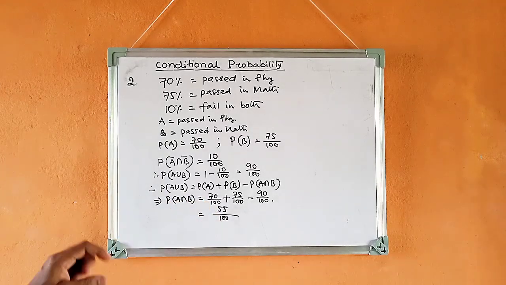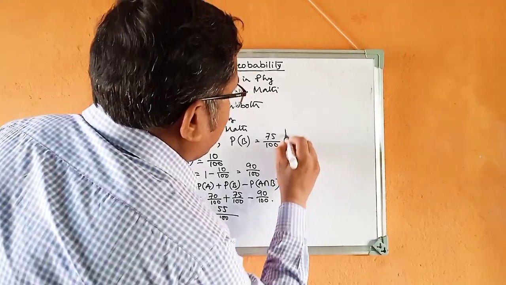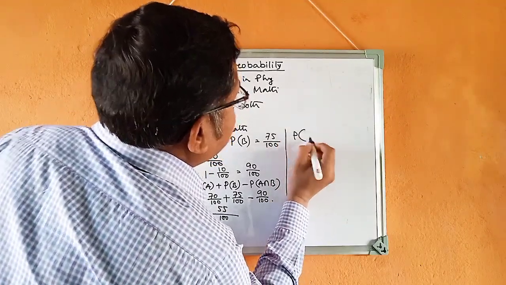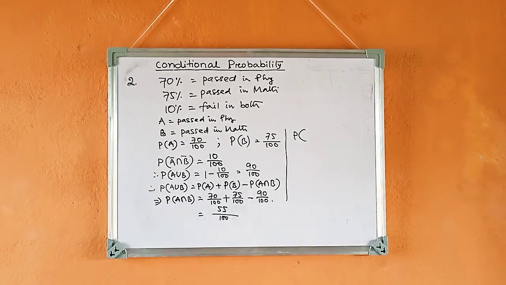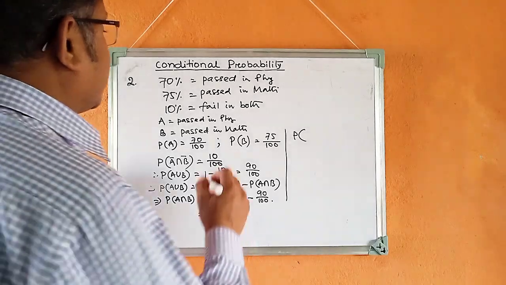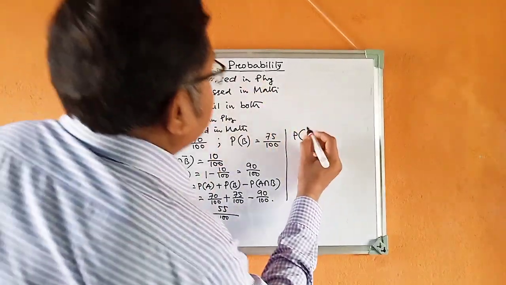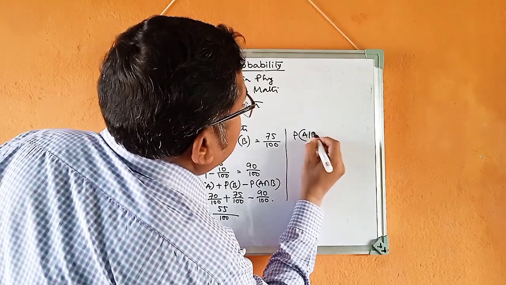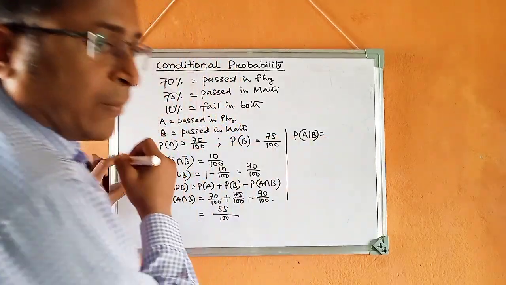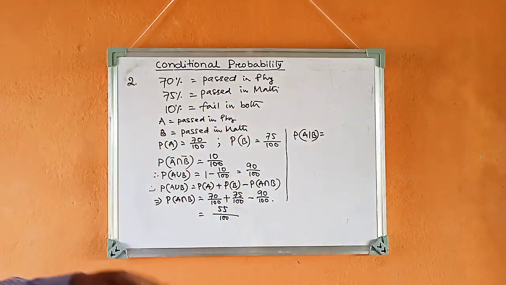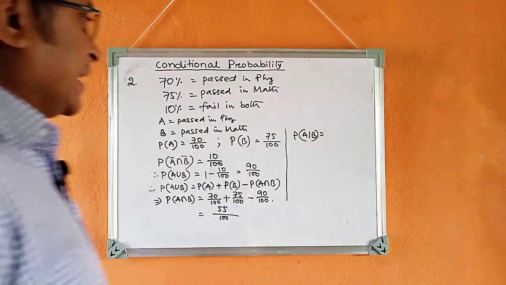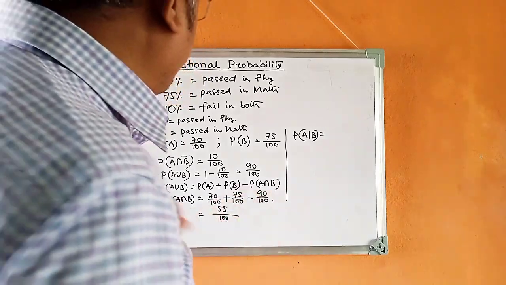Now the question is: find the probability that a student passed in physics given that the student passed in mathematics. Passed in physics given mathematics is A given B, because the event of passing mathematics has already occurred. That is the condition, so this is conditional probability.